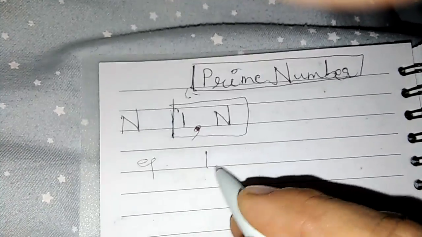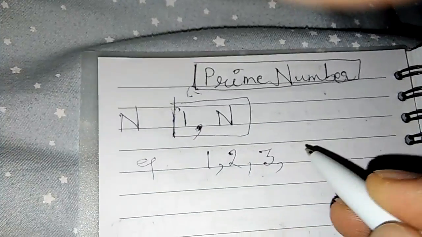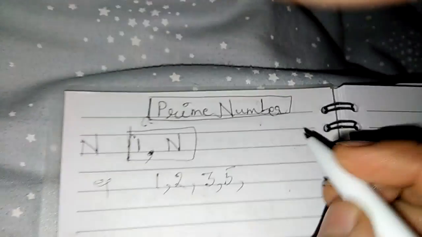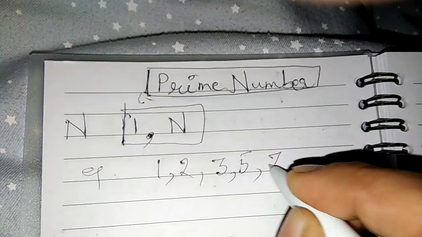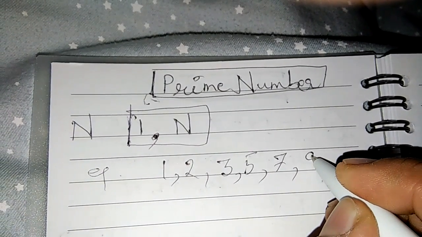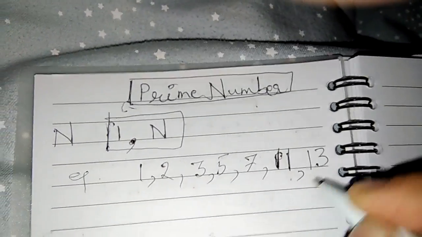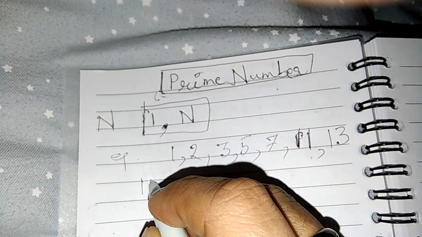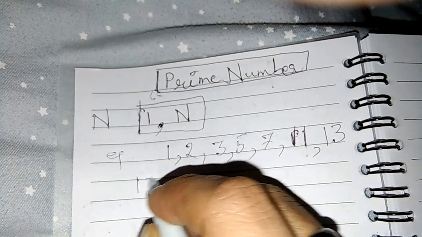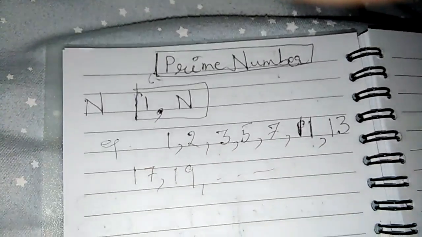For example, 1, 2, 3, 5, 7, 11, 13, 17, 19, and so on.